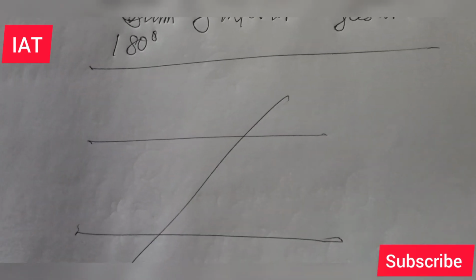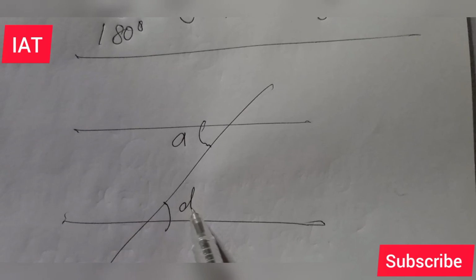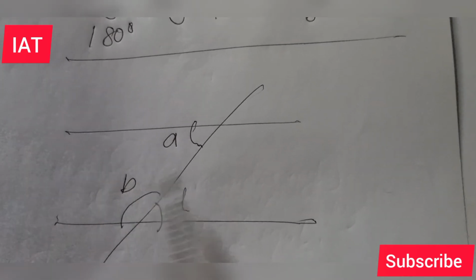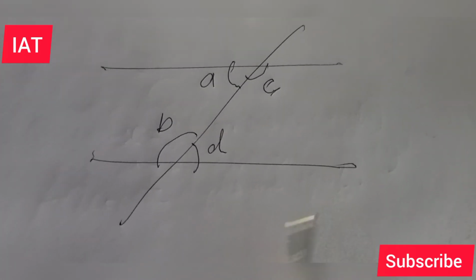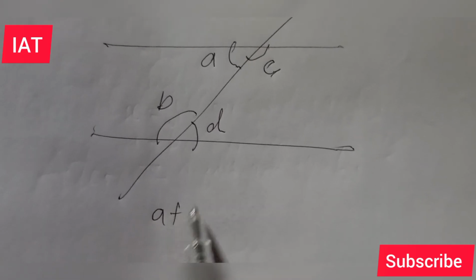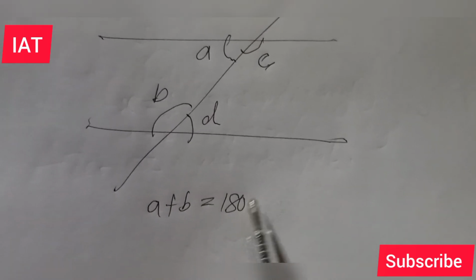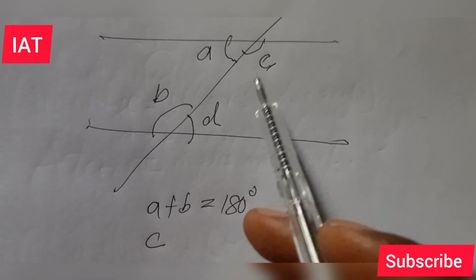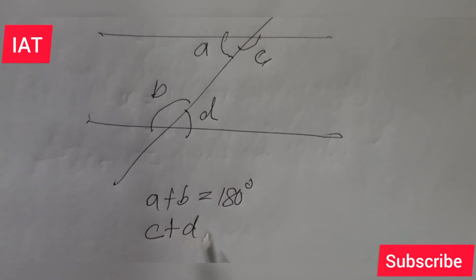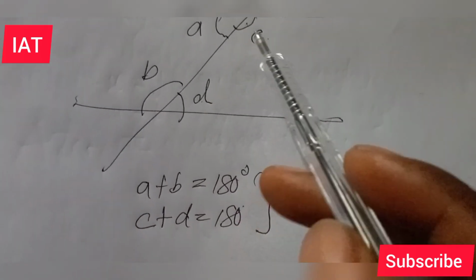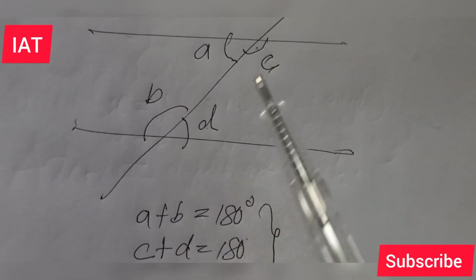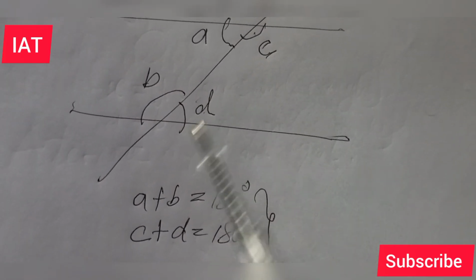And I have a transversal line, and if I have this point to be point A, and this point to be point D, this point to be point B, and this point to be point C, you easily see that A plus B is 180 degrees, and also C plus D is equal to 180 degrees. What are the reasons here? Sum of interior angles. Sum of interior angles are opposites.